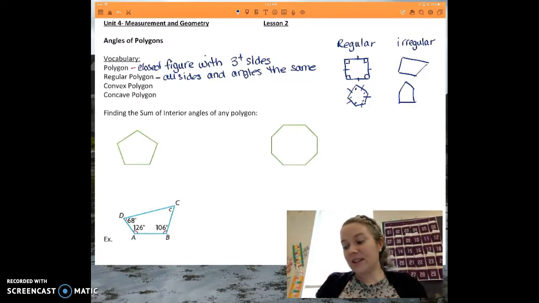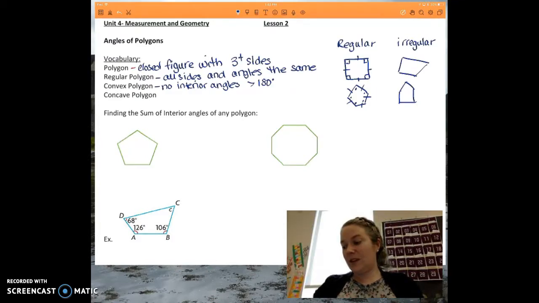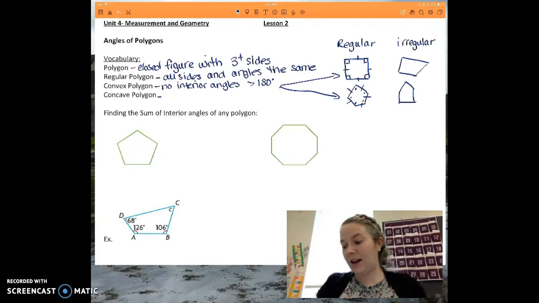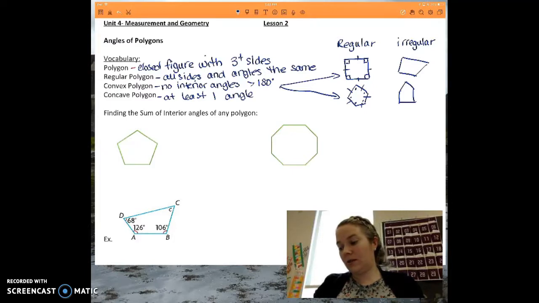A convex polygon has no interior angles greater than 180 degrees. So all of these are convex polygons. A concave polygon has at least one angle greater than 180 degrees.